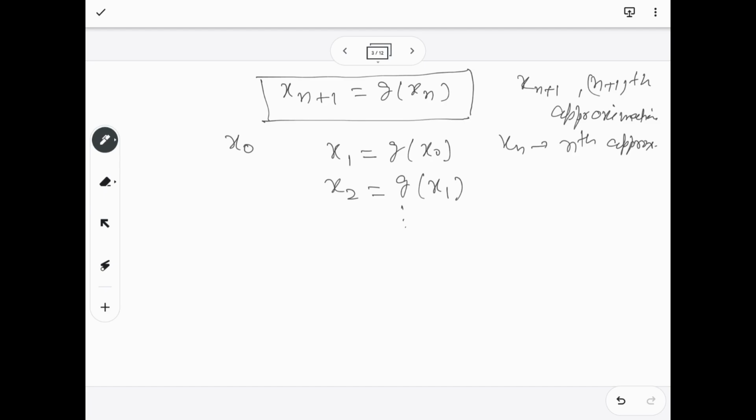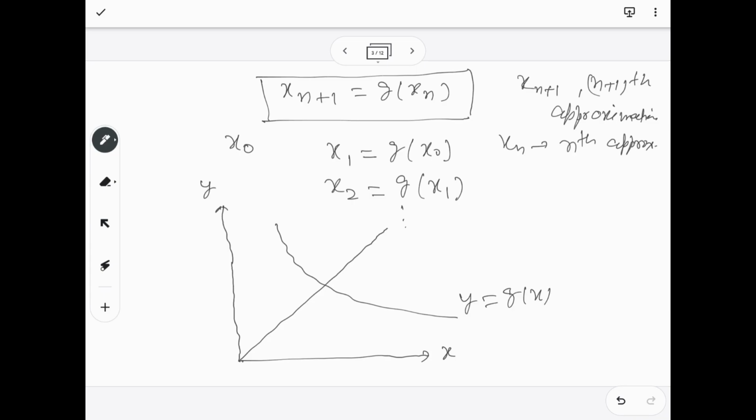Now graphically, if I want to show how this method works, then this is the curve y equal to g and this is y equal to x.